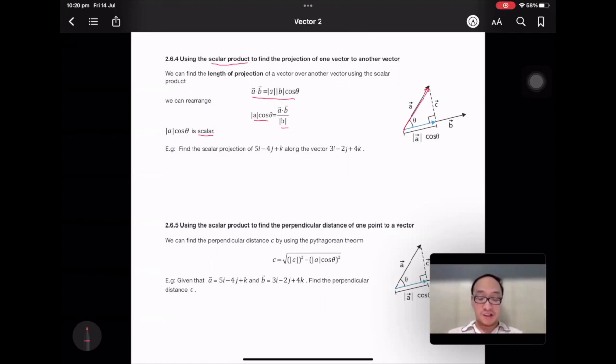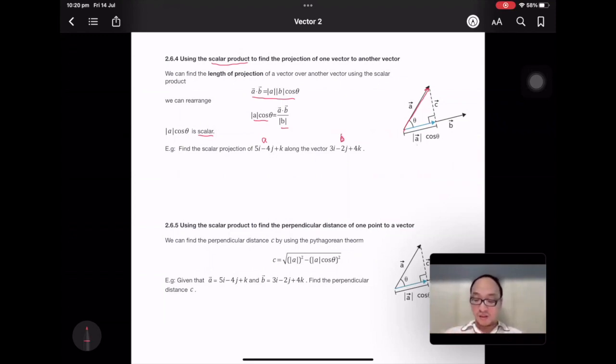Find the scalar projection of 5i minus 4j plus k along the vector 3i minus 2j plus 4k. If we put this into the formula, we can say this is vector A and this one is vector B.